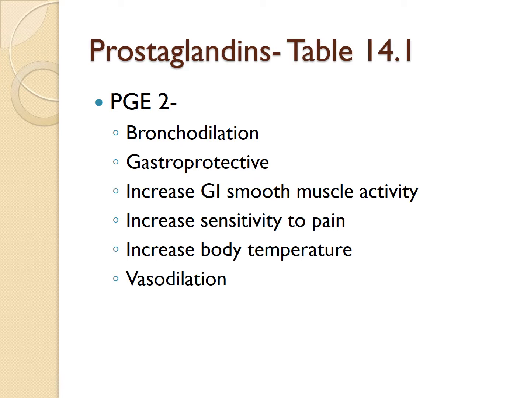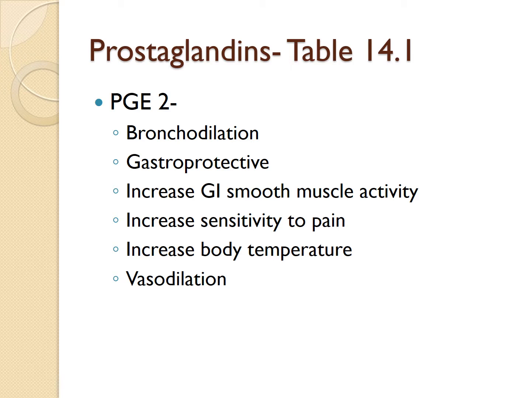So there's a table 14.1, and I definitely don't want you to try to memorize that at all. Just take a look at it. I put up there the prostaglandin E2s just to have a discussion about it. First of all, there are several different prostaglandins, but with these in particular, the PGE2s cause bronchodilation in the body.